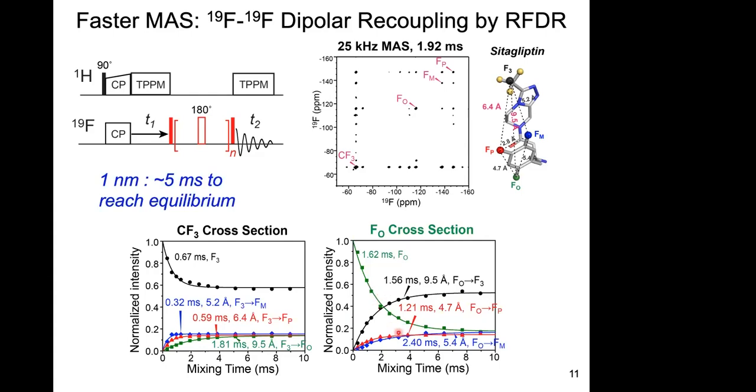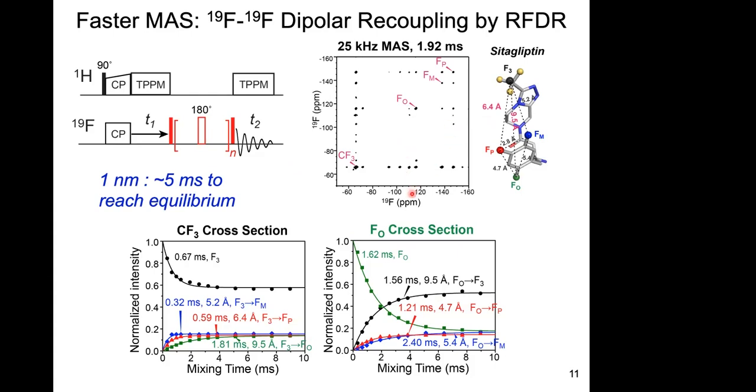So very efficient. The fact that the cross peaks have reached equilibrium can also be seen from the final intensities. What are we doing here? We're plotting normalized intensity on the y-axis, and the x-axis is my mixing time. How do I normalize intensities? For each row, the total intensity should be 100%, and I'm following the fractional intensities.